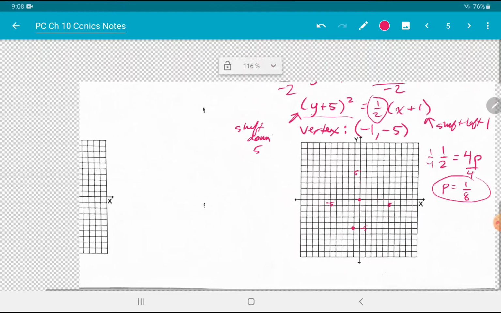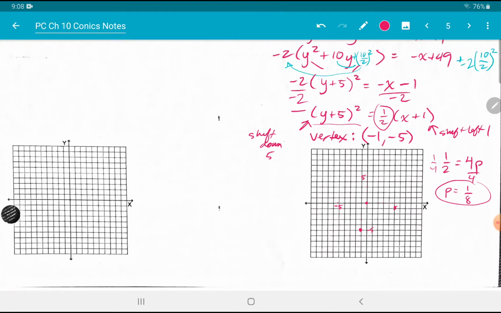And remember, because this equation right here is technically in the form of y squared equals 4px, we know that this particular parabola would be facing to the right, not to the left, because if it were to the left, you'd see a negative sign there. We don't have that. So therefore, it's going to face to the right.